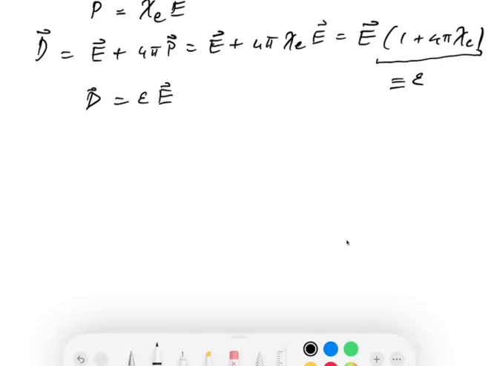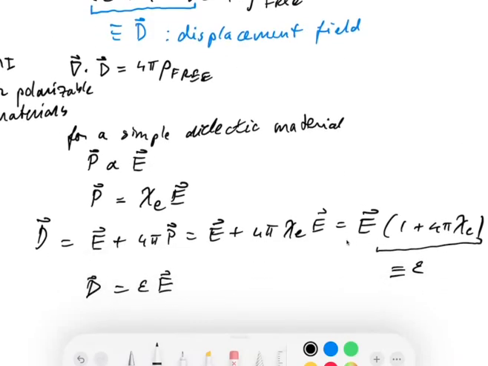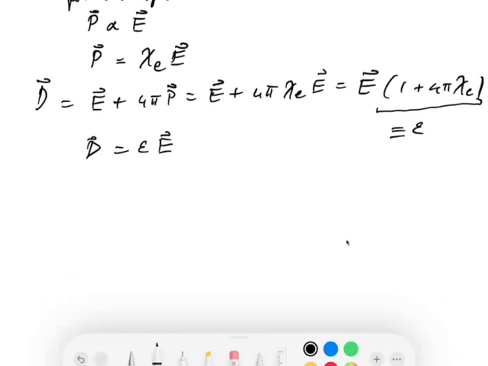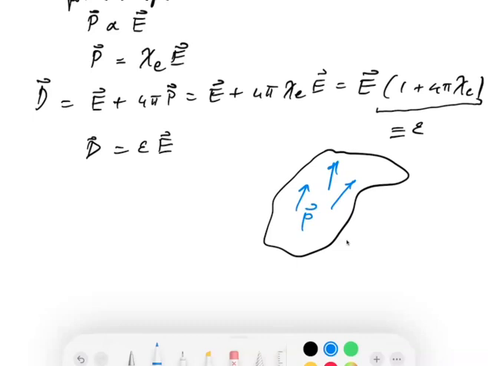So we have this new Maxwell's equation where there's a polarization here. That's the P field.